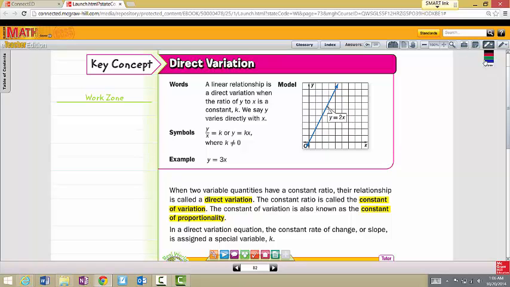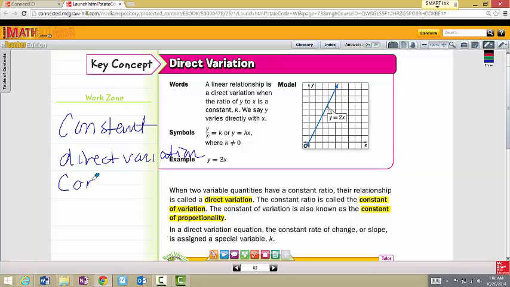So the direct variation, all of those words really mean almost the same thing. If you could write in your notebook: constant, direct variation, constant of proportionality, and what do we have before that?